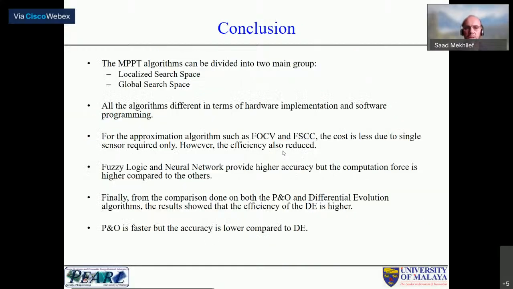So as the conclusion, it's proven that the DE algorithm is providing better tracking speed and better performance, even with load variations, even with solar irradiance changes, and also with different partial shading patterns. So this is the end of the presentation, and I open maybe for one or two questions before we end the session. Thank you.